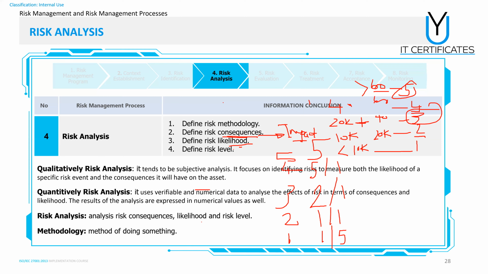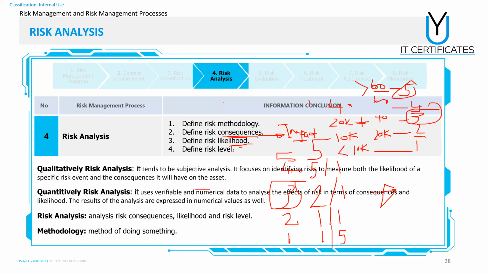These are the categories of the likelihood. Then if I say that the flooding will happen twice per year, this will be number 3.